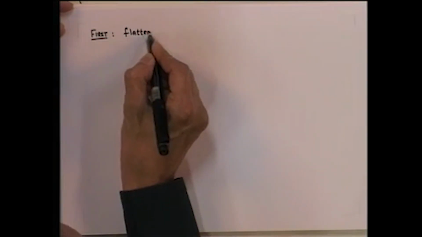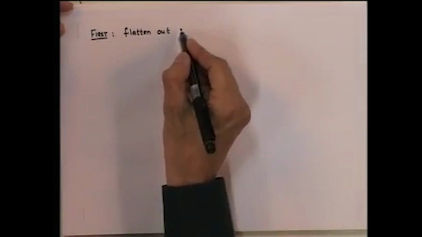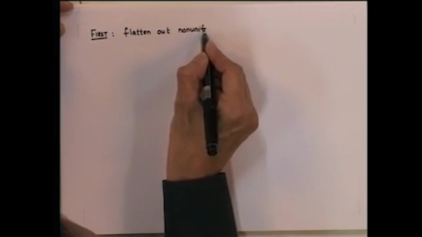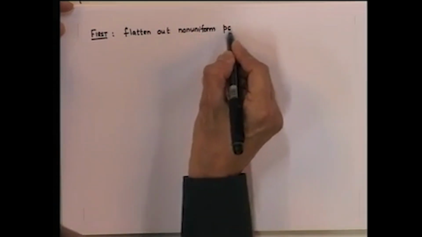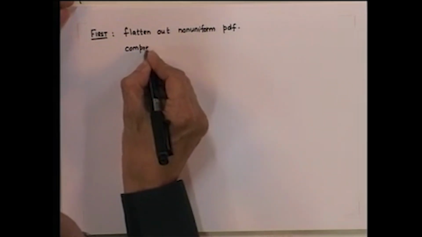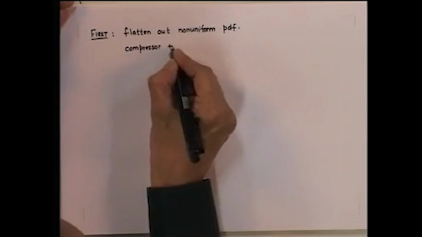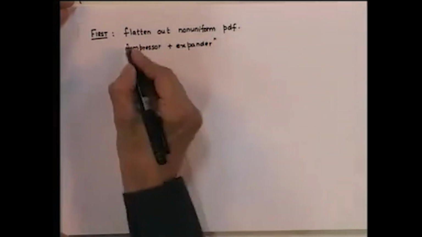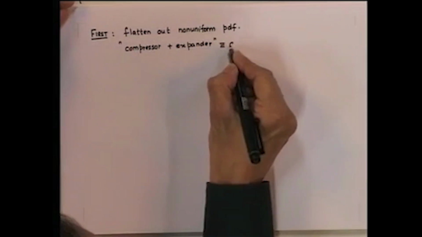So, first let us try to flatten out the non-uniform PDF using the following compressor and expander, which together is known as compander.